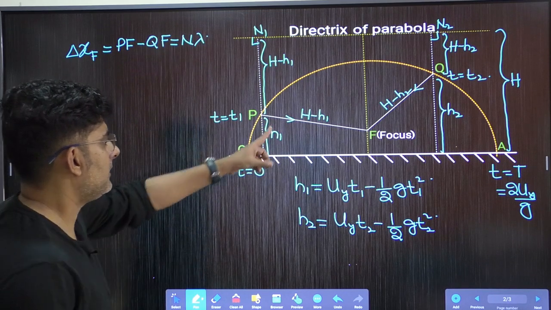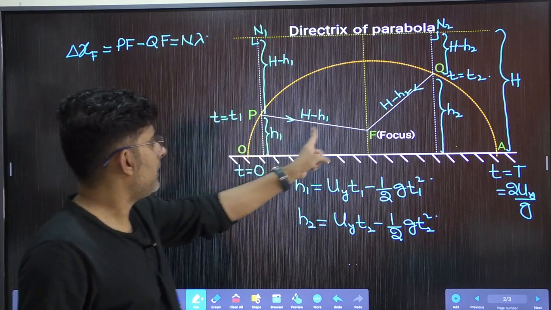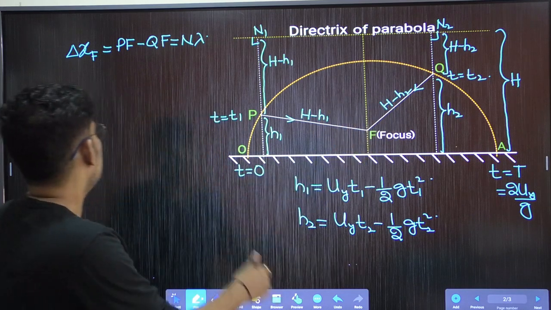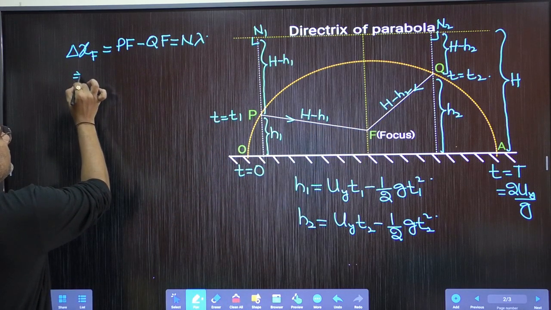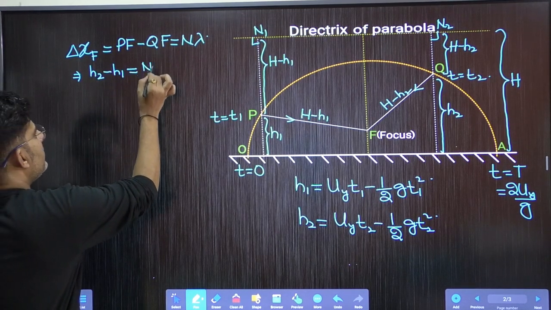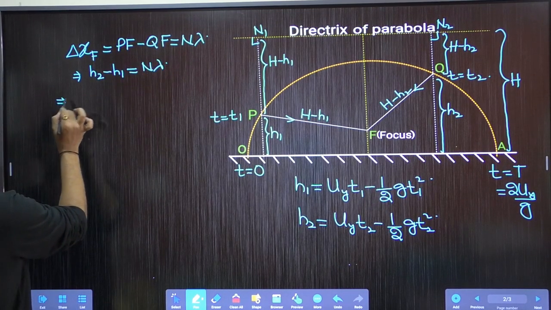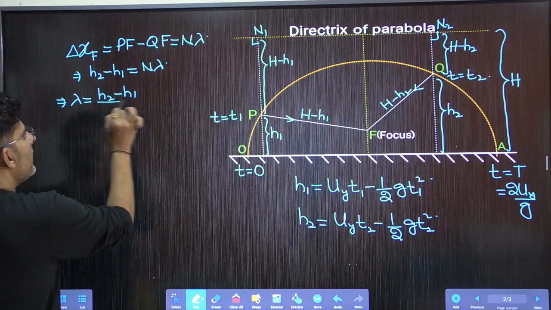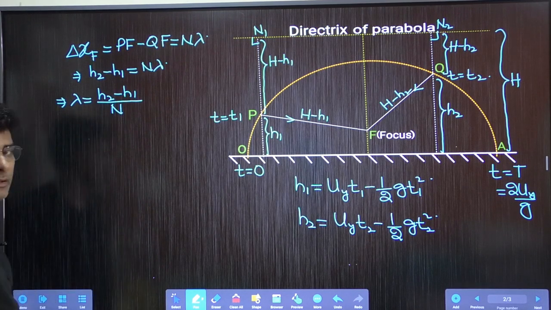Now what is the difference of PF and QF? If you subtract both, you can see capital H will be cancelled. So we are left with simply h2 minus h1 equals n lambda. They were asking the possible values of lambda, so we can simply write lambda equals h2 minus h1 upon n.